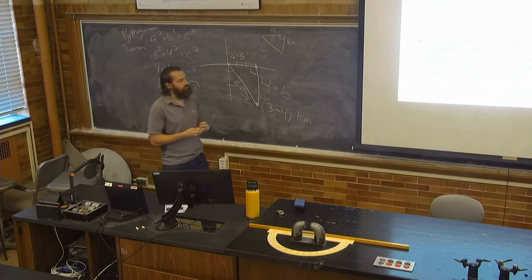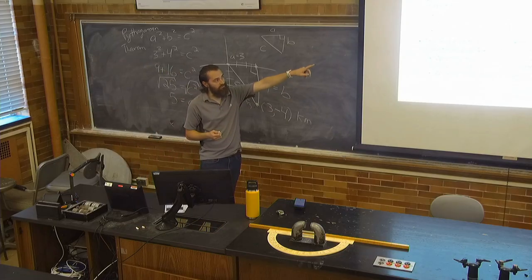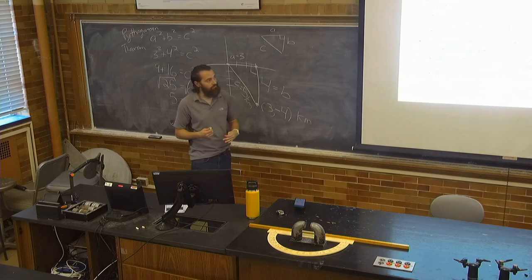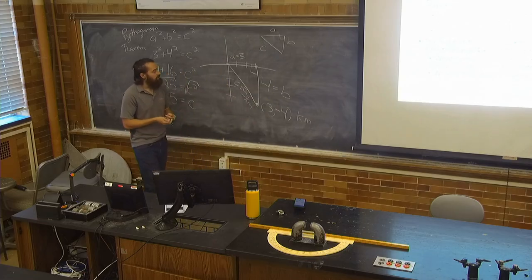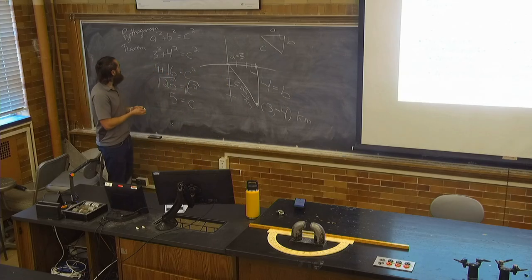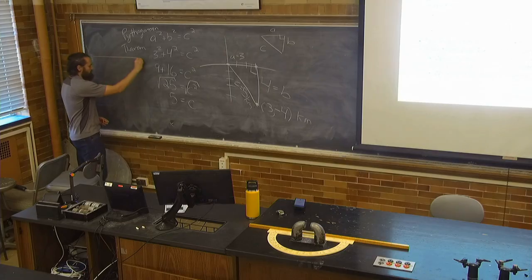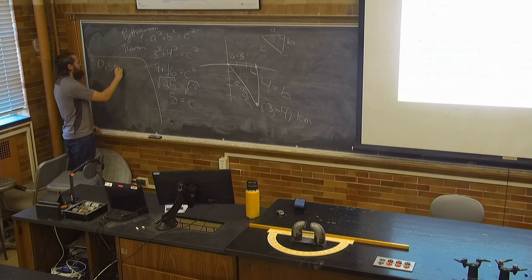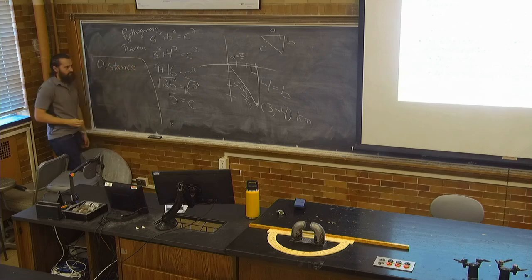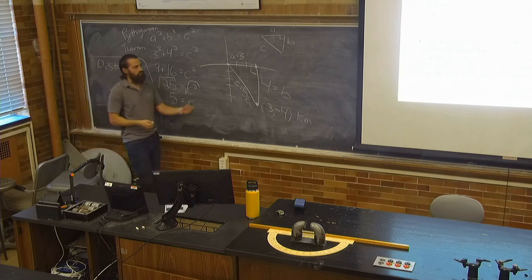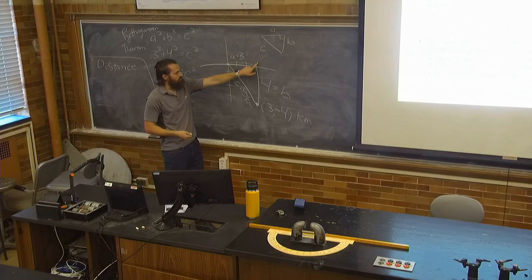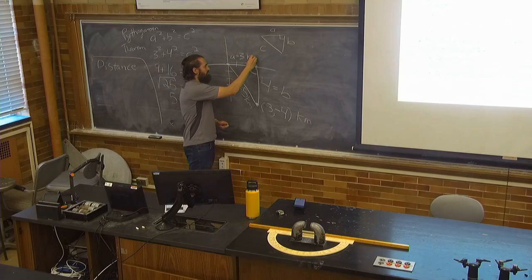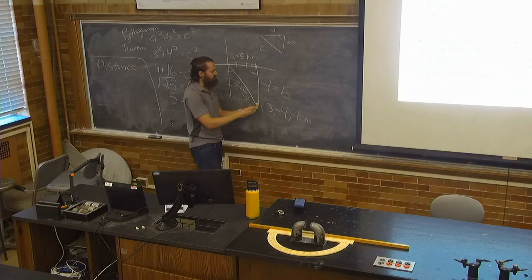The next questions are, what is their total distance and total displacement? Okay, so distance, we just need to add up the distances that they moved. So they moved 3 kilometers to the right, and then 4 kilometers down.